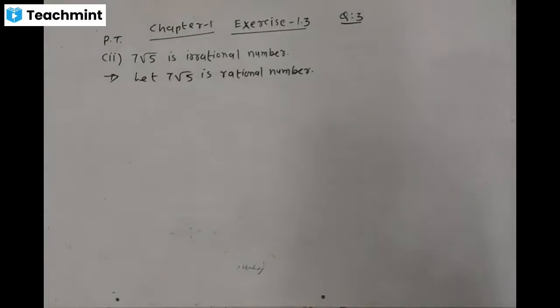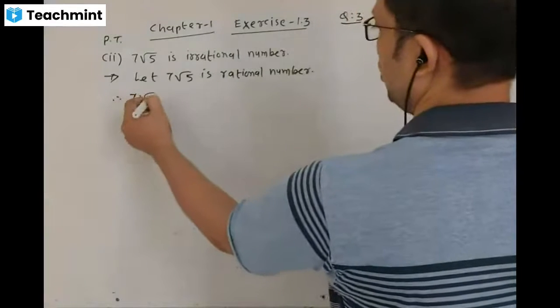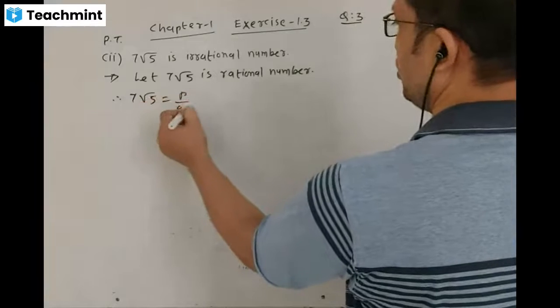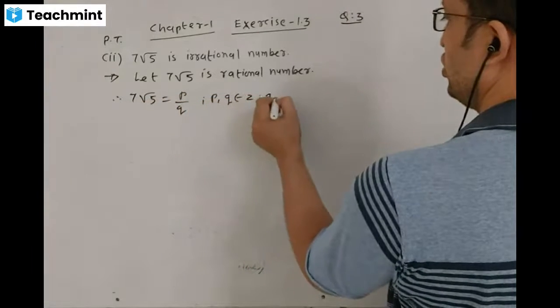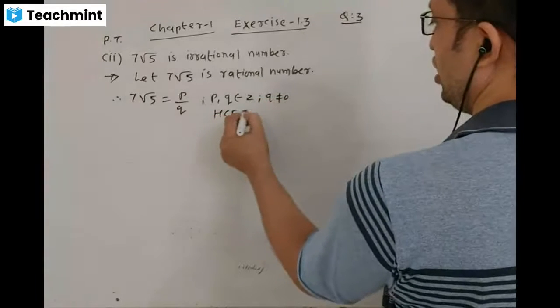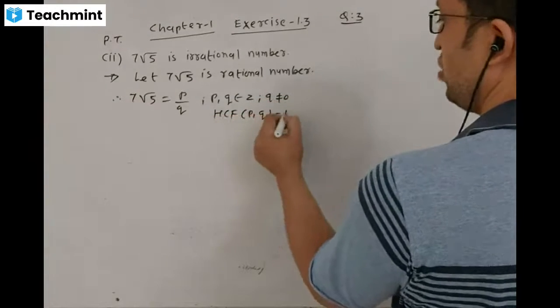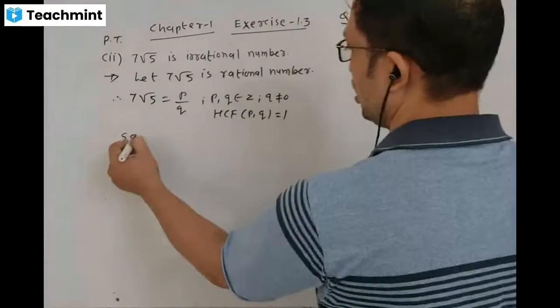And the rational number form is p by q. 7 root 5 is equal to p by q. p and q both are integers, q not equal to 0, and HCF of p, q is equal to 1. Squaring on both the sides.